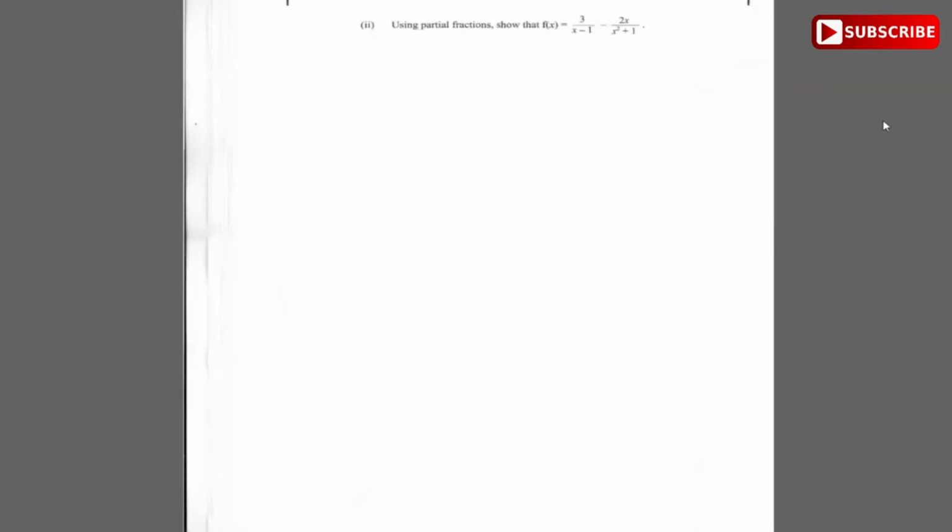Now it says, using partial fractions, show that f of x is 3 over x minus 1 minus 2x over x squared plus 1. So we need to separate it using partial fractions.